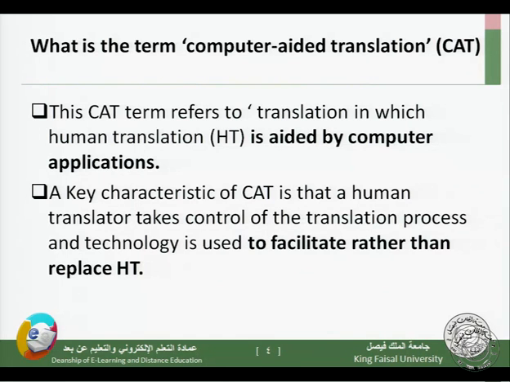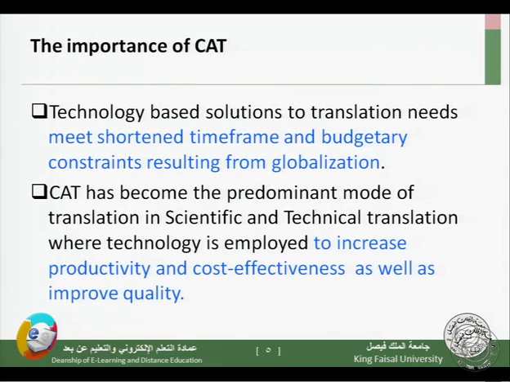You are in control of the translation, and you make use of this computer that aids you in your translation. This is very important, and the technology can never ever replace you as a translator. Never. This is a fact.